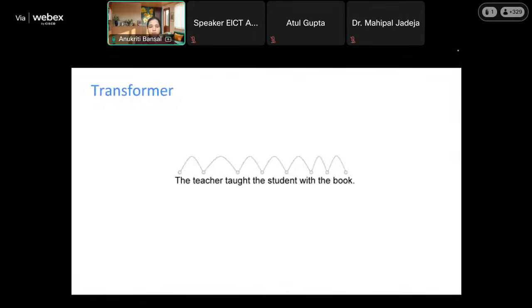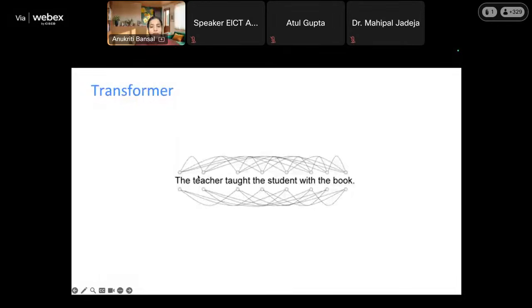But in transformers, we check the relationship of each word with respect to all other words in the text. If I want to represent "teacher", it will use the correlation between all other words in the text. "Taught" also will check its meaning with respect to all other words in the text.